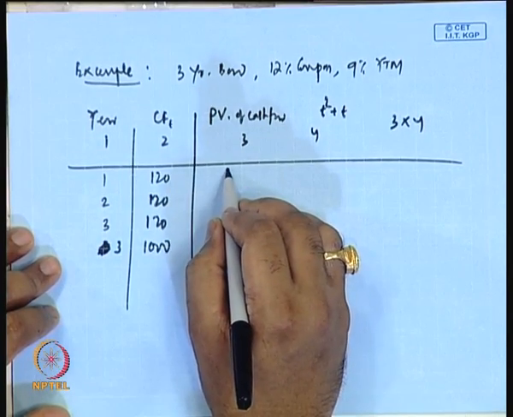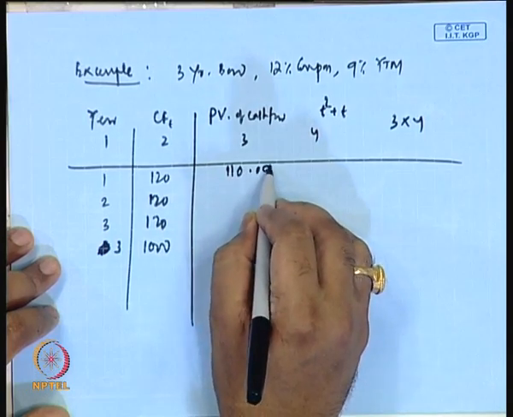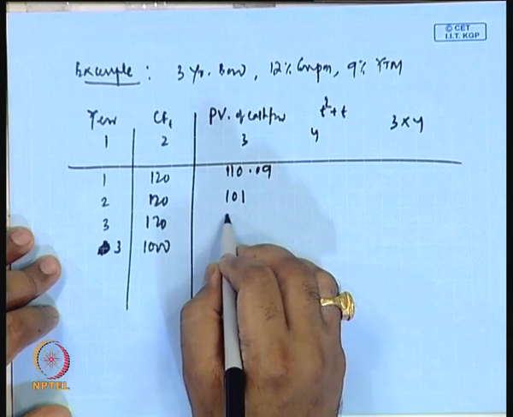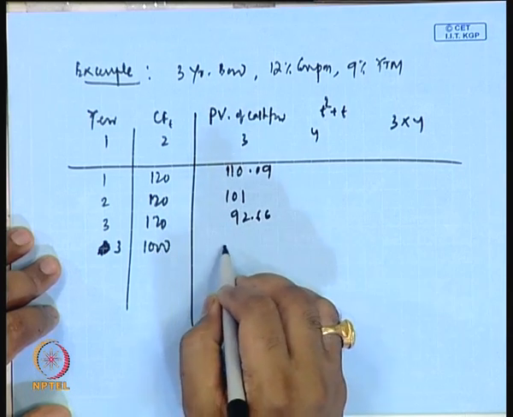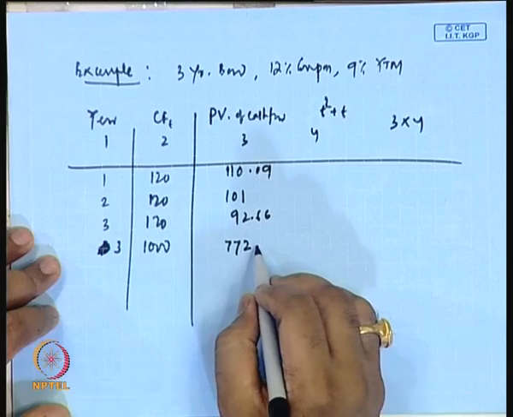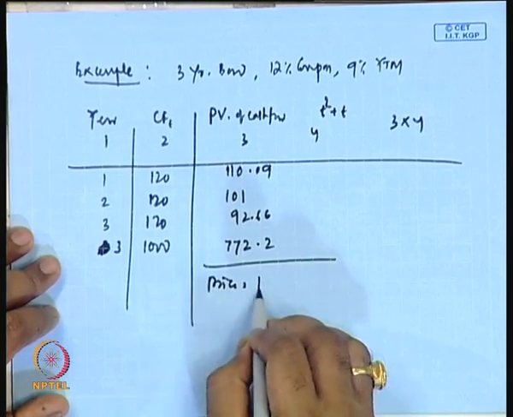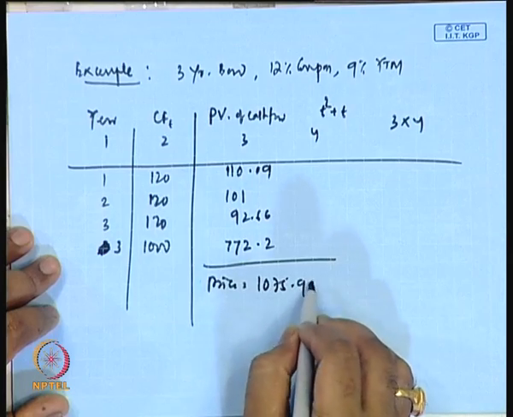Then the present value at the rate of 9% will be 101, 92.66 and 772.2. Then your price is basically 1075.95.